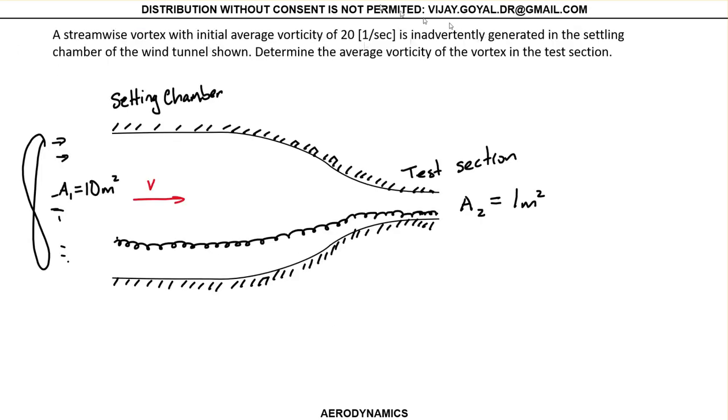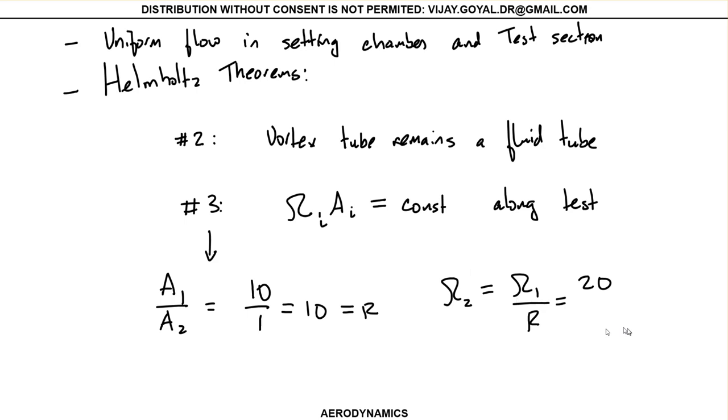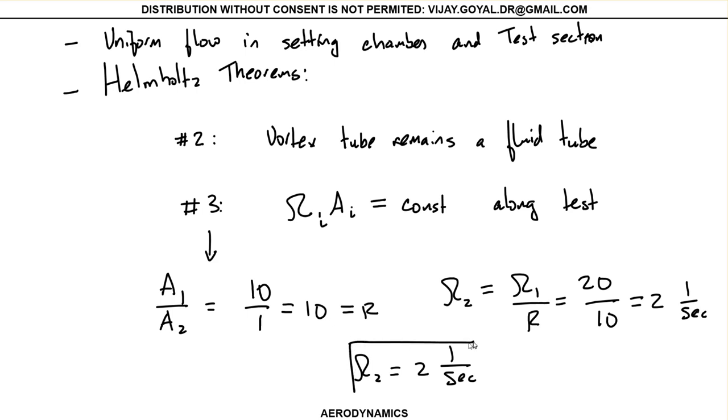Now the problem says this is 20 divided by 10, so it gives me 1 over second, and that's the value that the problem is really asking for. Okay, so this will conclude example number 3.